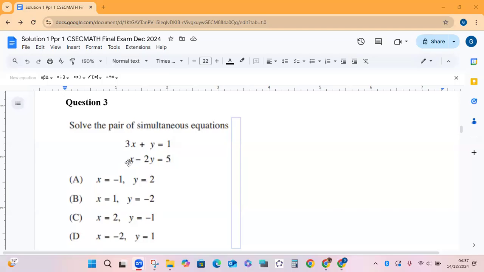Remember we said when you don't see a number, there's an invisible 1. Okay, so because we have a 1 in front of the y, and a 1 in front of the x, the substitution method can work very fine there.